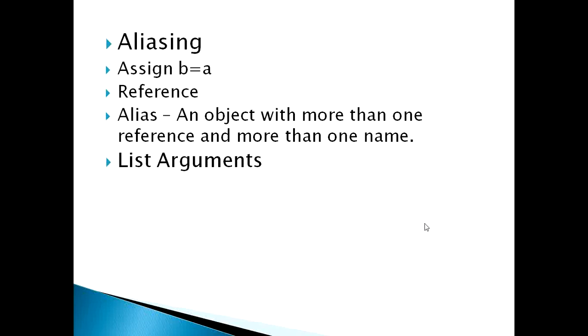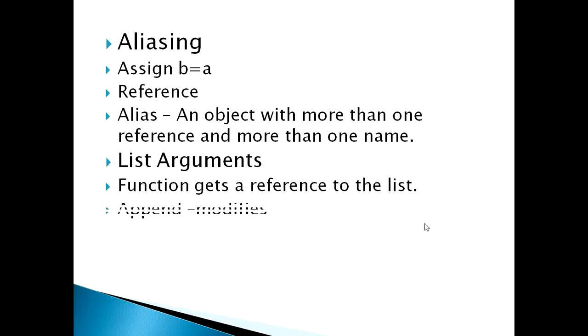So next is list arguments. When you pass a list to a function, the function gets a reference to the list, and if the function modifies a list parameter, then the caller sees the changes. Okay, so if it doesn't modify, then we will not get the changes. So as you can see here, a function always gets the reference to the list. So there are two important things.